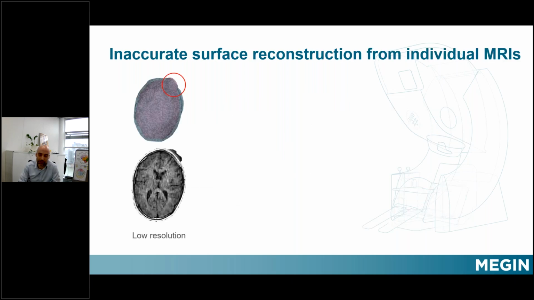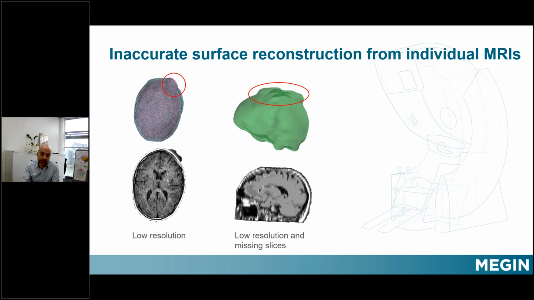So here are some examples of how things may go wrong. If the MRI has too low resolution, the segmentation might have some very clear abnormalities which don't follow the actual anatomy, as indicated in red.